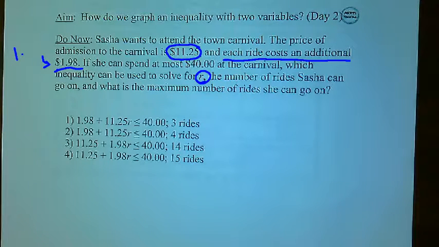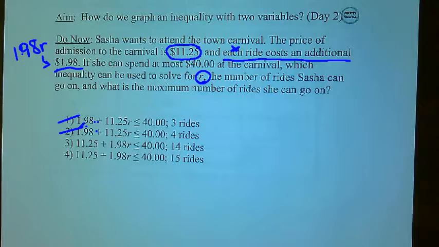So I'm pretty certain it's 1.98 times R, because when you see the word each, that represents multiplication. So automatically I can already cross off these two because I know that I have to have 1.98R.